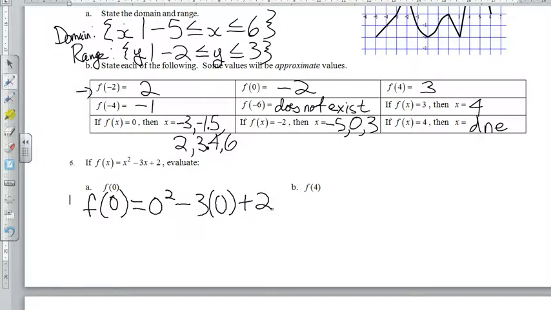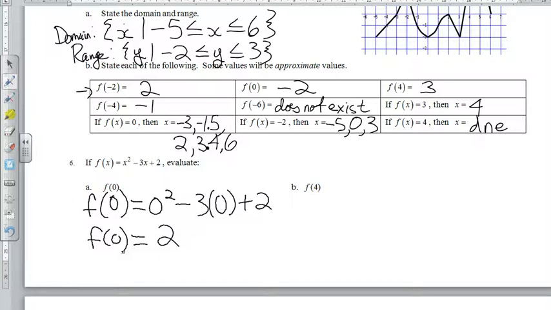It says take your x value, square it, multiply it by 3 and subtract, then add 2. Everywhere you see an x in the original, you now see a 0. Replace the x's with whatever's in the parentheses. And what's that equal to? 2.